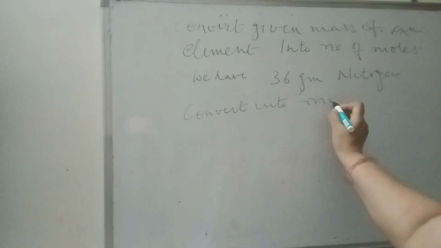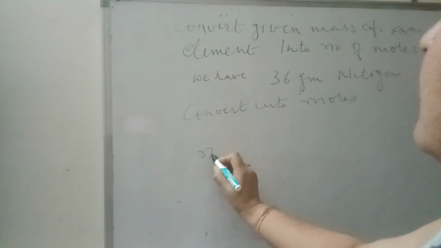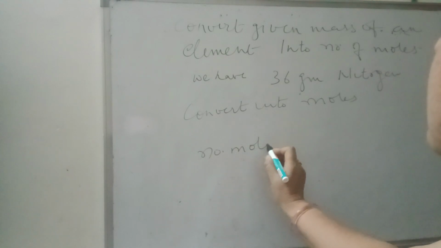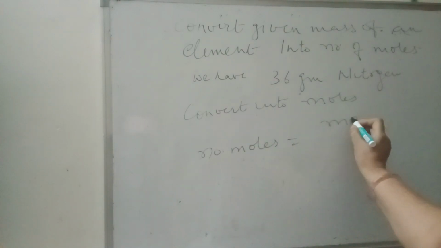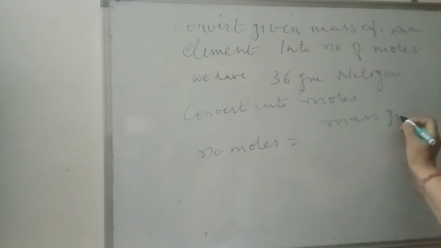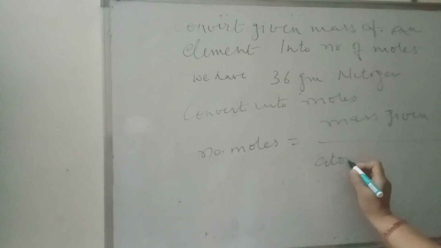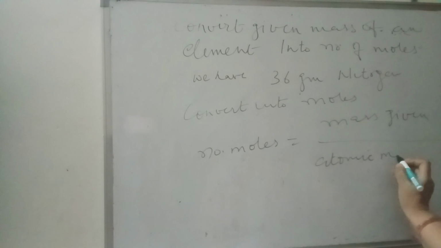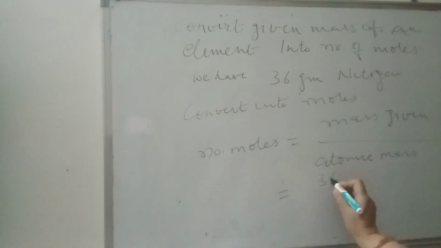The number of moles is equal to mass given upon atomic mass. Mass given is 36 gram and atomic mass of nitrogen is 14.